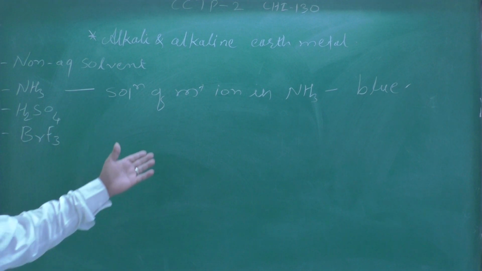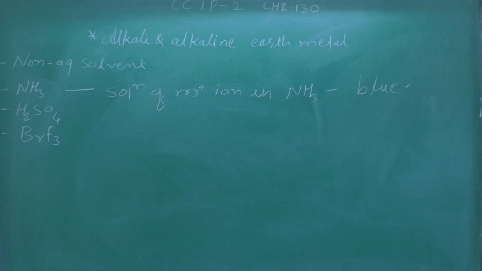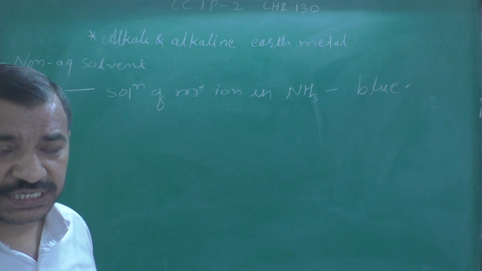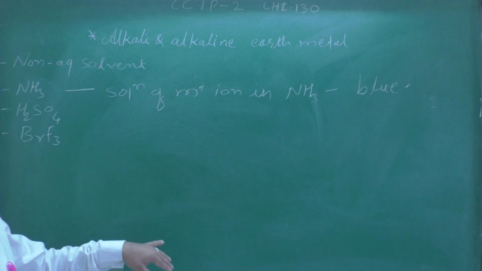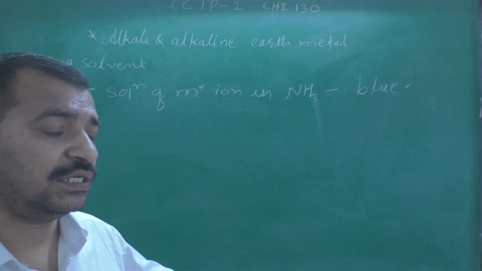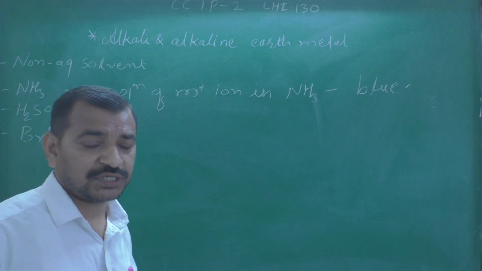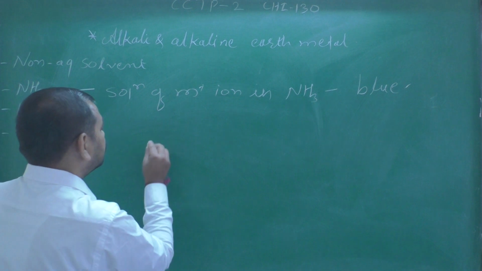So first the alkali metal dropped in ammonia solution gives a blue color because of formation of free electrons. Then adding excess metal gives a bronze color, hydrogen gas evolves, and the solution becomes colorless. The blue color is due to electron formation.